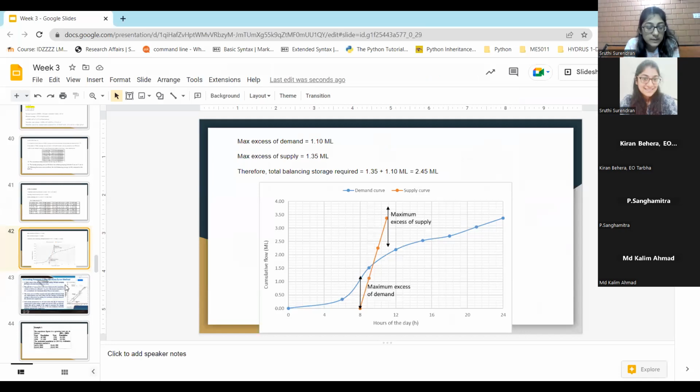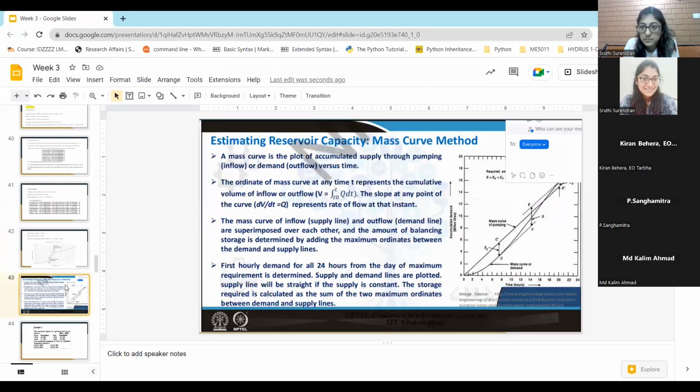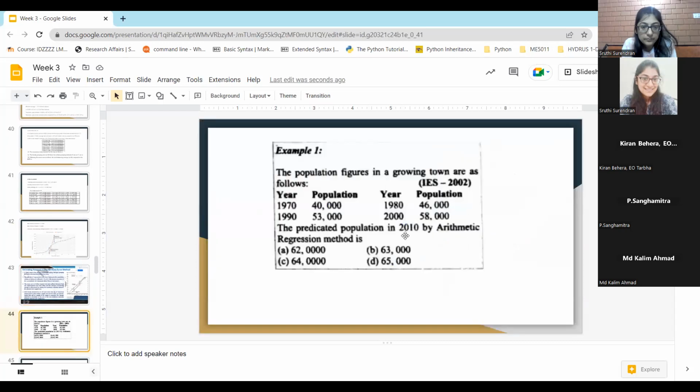And the PPTs are also going to be uploaded, so you will be able to see into this. Now we will move on to some questions from water demand and aquifers, which were discussed in the previous sessions. So here there is one sample problem that is making use of the arithmetic regression method. You can solve it for revising these portions.